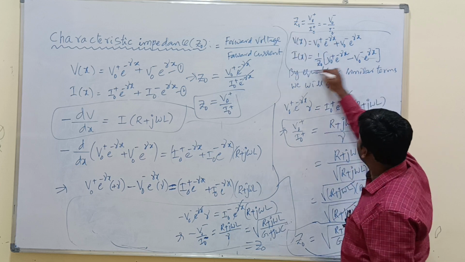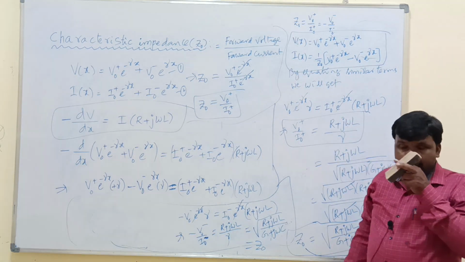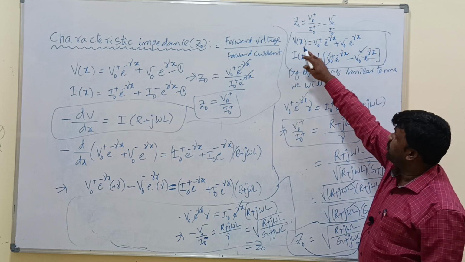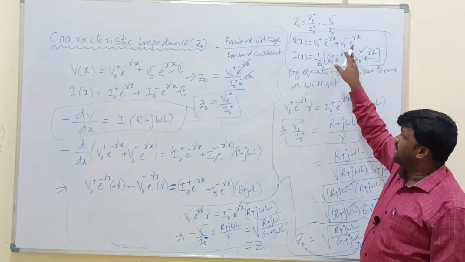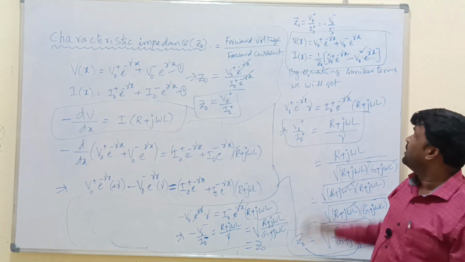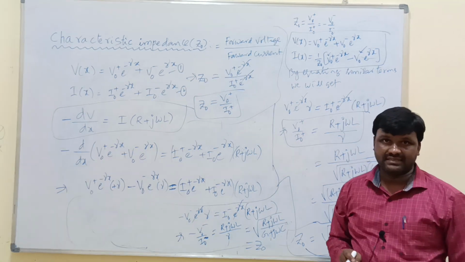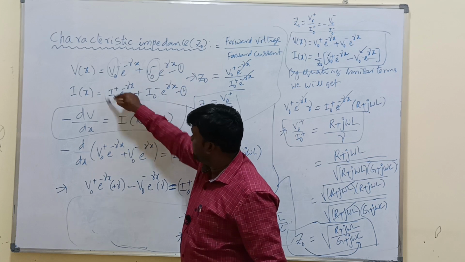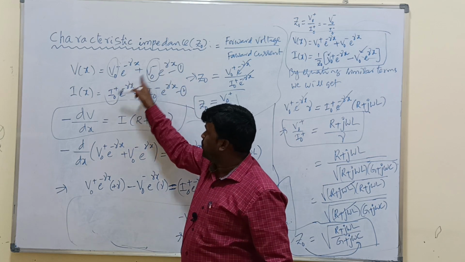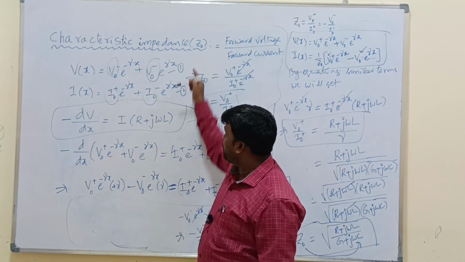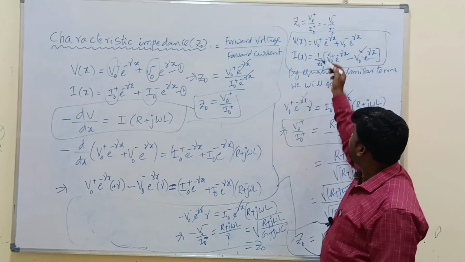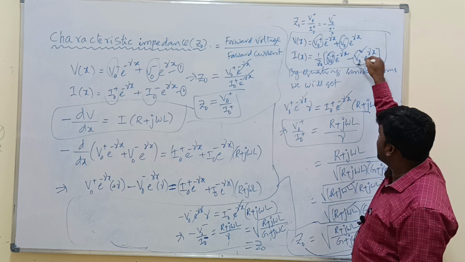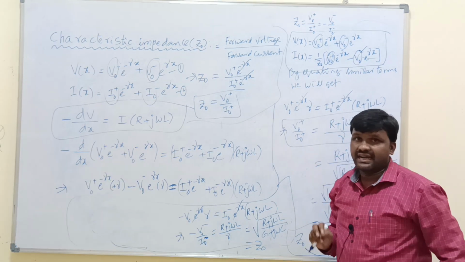Now here I have written the voltage and current equations in terms of V naught plus and V naught minus. Voltage is in terms of V naught plus and V naught minus, and current is also in terms of V naught plus and V naught minus. That means instead of having 4 constants, here we have 2 constants, V naught plus and V naught minus, for both voltage and current equations.